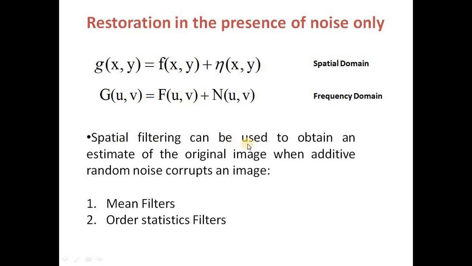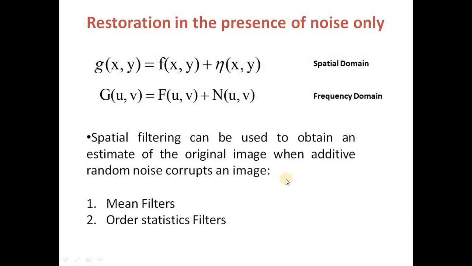We have already used spatial filters while studying image smoothing and image sharpening with spatial domain filters. There we saw the use of a kernel, or you can say a window or template, the same thing.